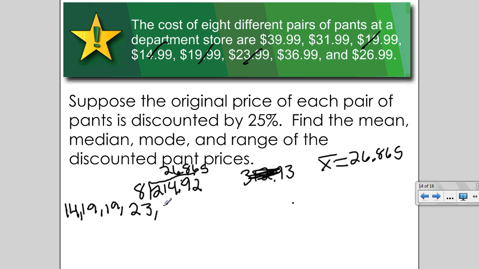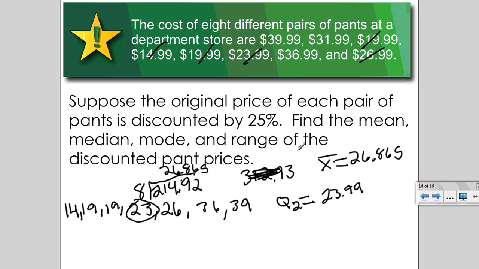We got 26, 36 and 39. So we got 1, 2, 3, 1, 2, 3. So our median, or Q2, is 23.99.